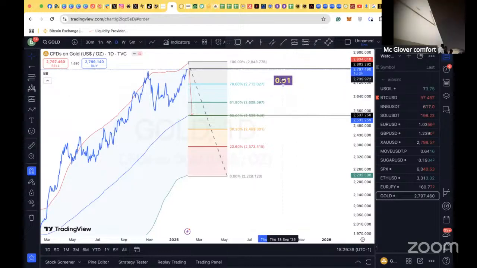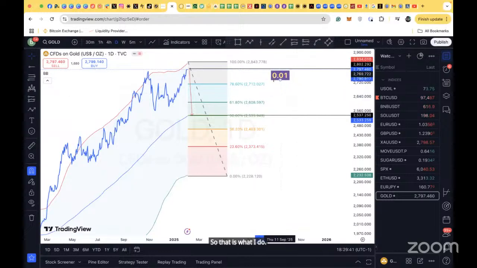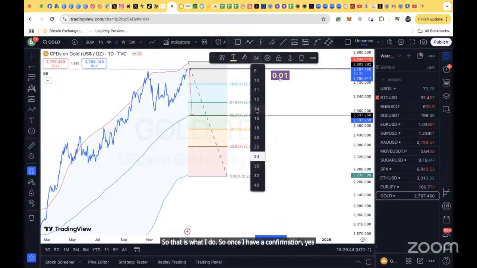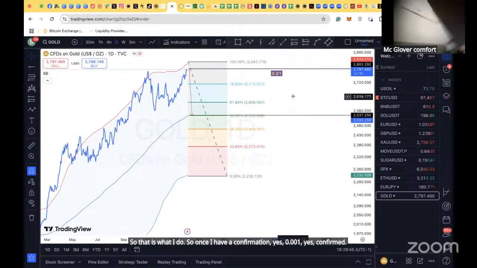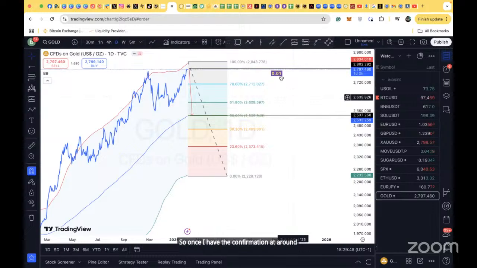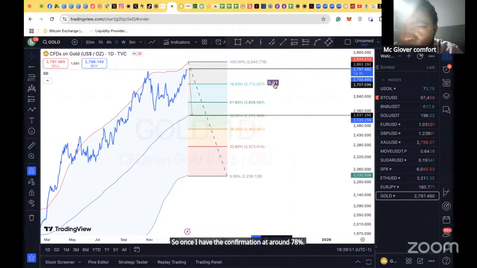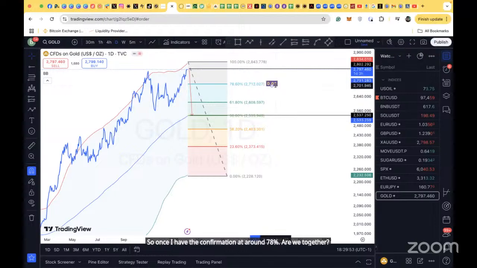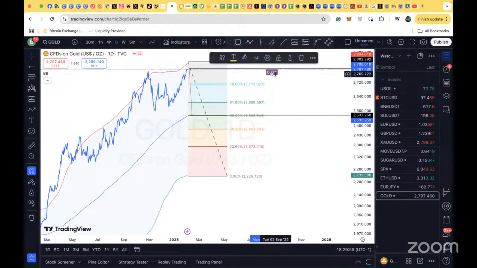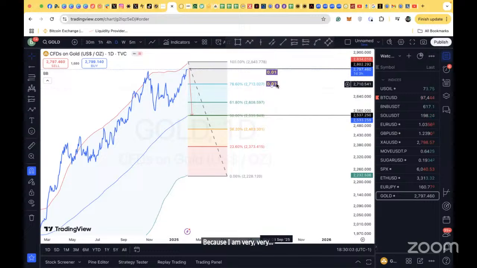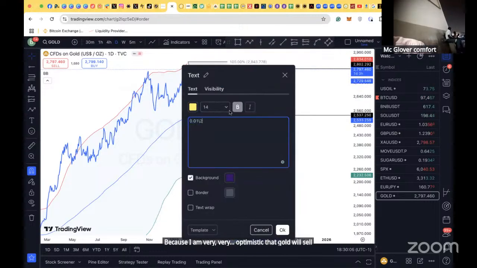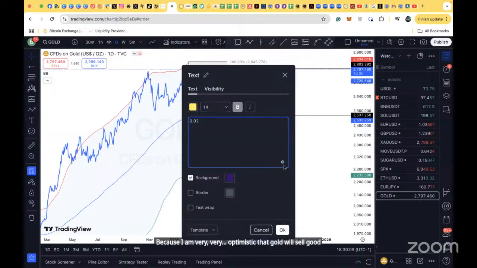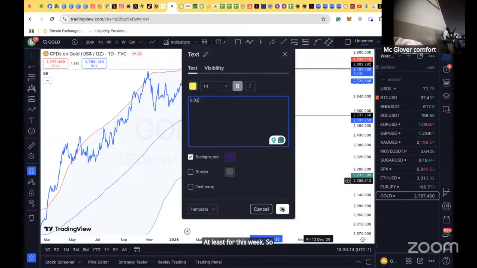Once I have a confirmation at around 78%, are we together? I increase my lot size. Because I am very, very optimistic that gold will sell, at least for this week. So we start with 0.001.